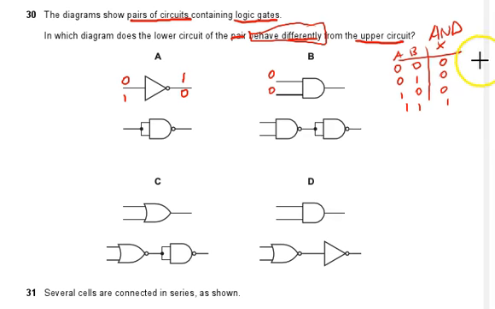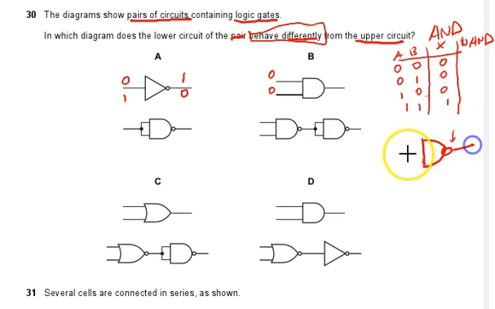If you have a NAND gate is this one. You have a dot, you have a circle here. So it should be the opposite. 1, 1, 1, 0.